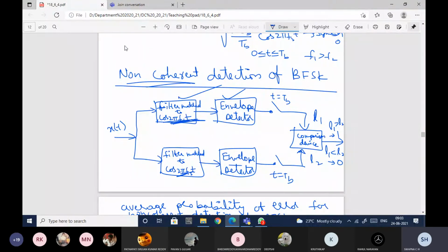As I'm using two carriers at the transmitter end, I need two matched filters. One filter has to match cos 2 pi f1t, and the other has to match cos 2 pi f2t. An additional carrier need not be used, and it need not be synchronized with the carrier used at the transmitter end.